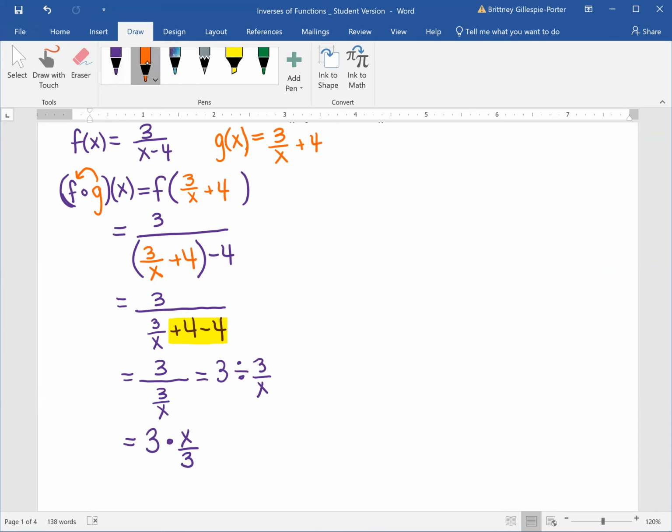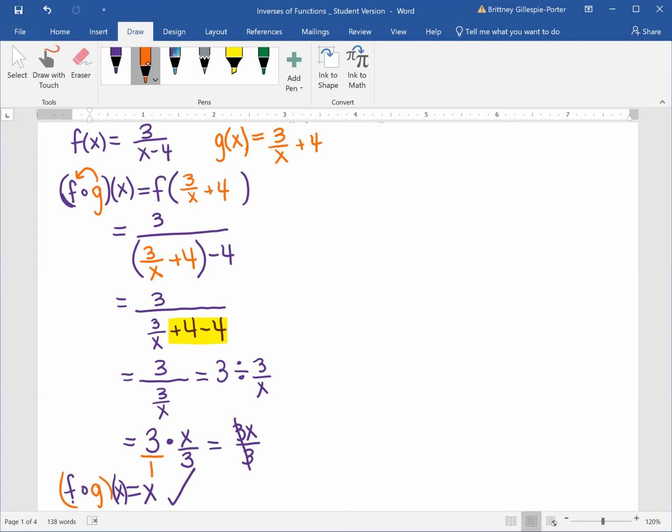And remember that any whole number can be rewritten as a fraction over 1. So when we try to do the multiplication here, 3x all over 3 means the 3's cancel. We're left with x, which means the composition of f composed with g of x equals x. So the first way is good.